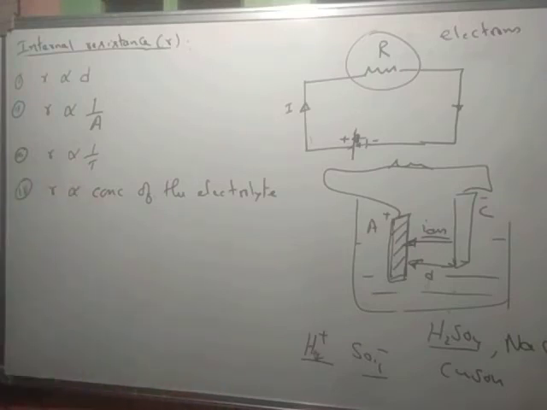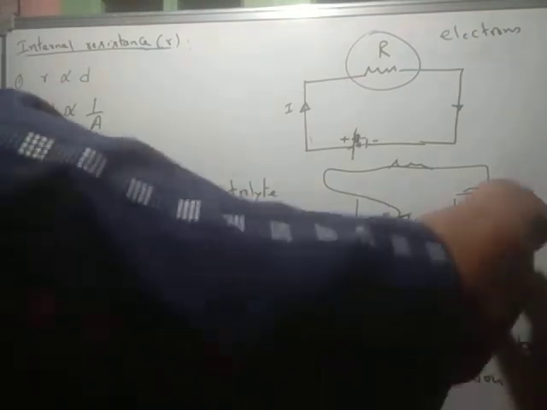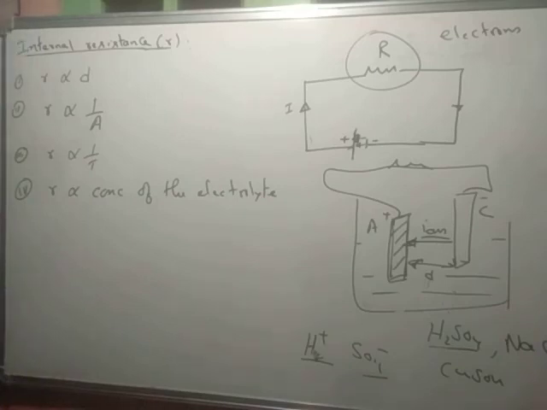So how do we make fewer positive and negative ions in this case? We do so by adding water into the H2SO4. Then the concentration of the hydrogen ions in the solution will decrease. So when the concentration of the hydrogen ions is decreased, the internal resistance also decreases.